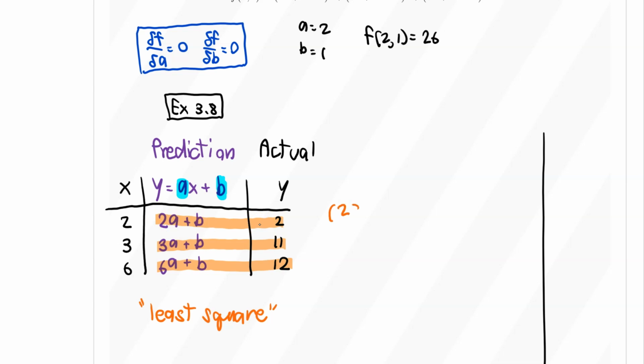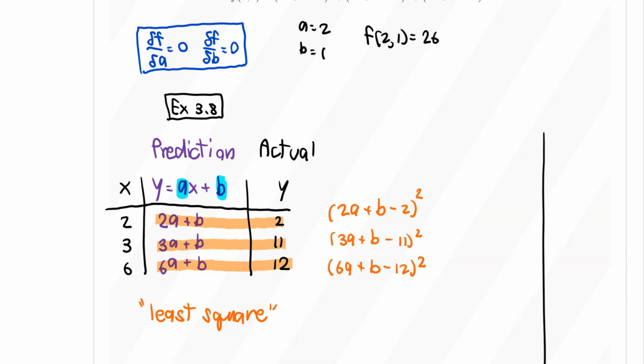I would like 2a plus b minus 2 to be small. But I don't want this to be negative, so I'm going to go ahead and square that. I would like the difference between 3a plus b and 11 to be small as well, so I'm going to have (3a + b - 11)^2. And then for the last one, I'm going to have (6a + b - 12)^2.